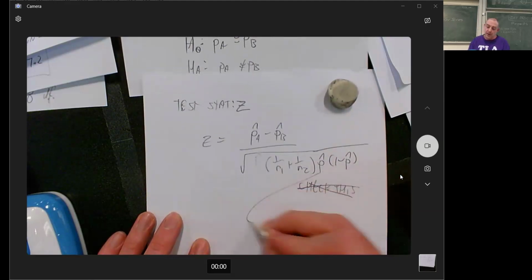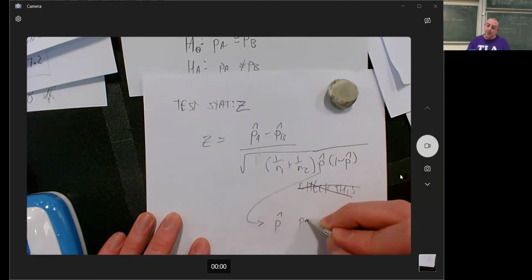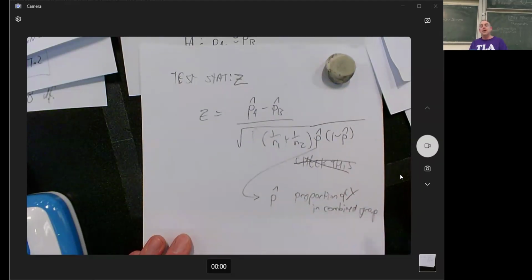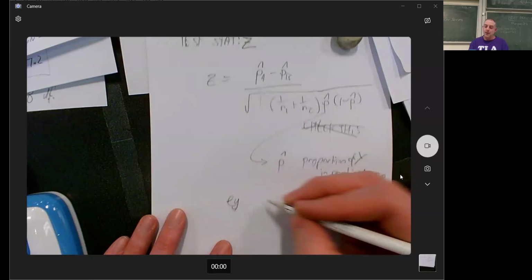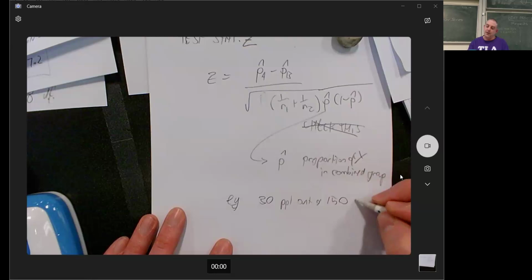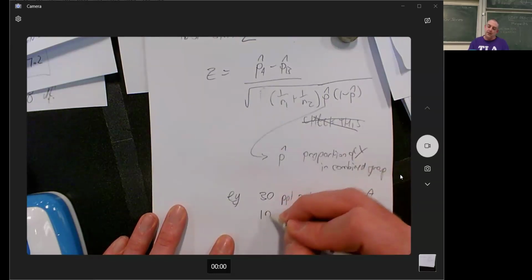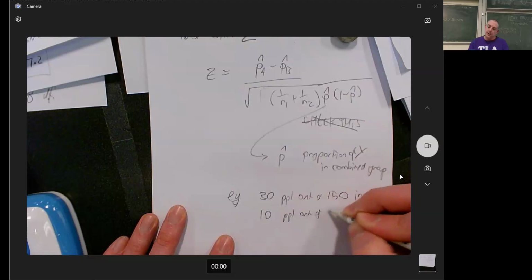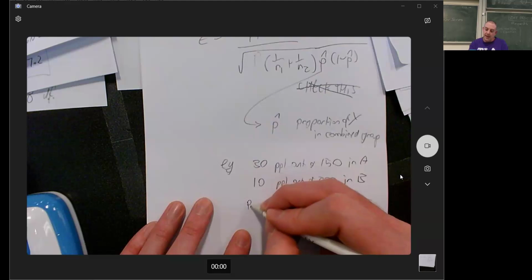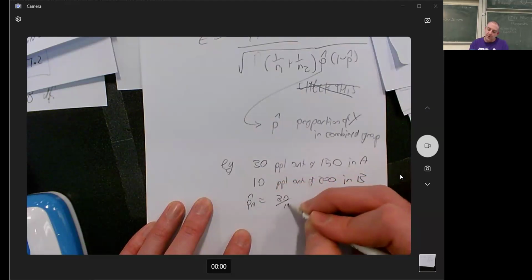This P hat is the combined percentage. So this P hat is made by saying the proportion of yes in the combined group. So if you had like 30 people out of 150 in group A and 10 people out of 200 in B, then your PA hat is 30 out of 150.